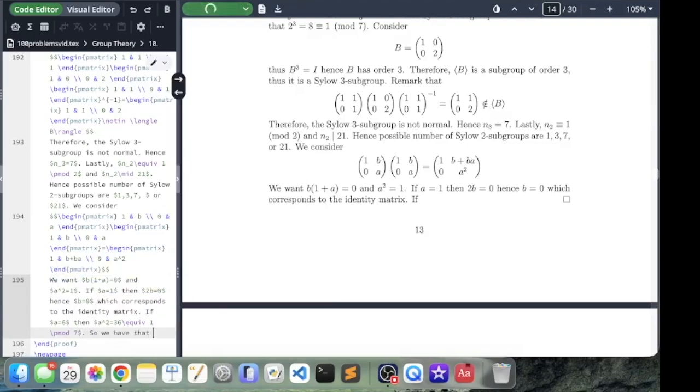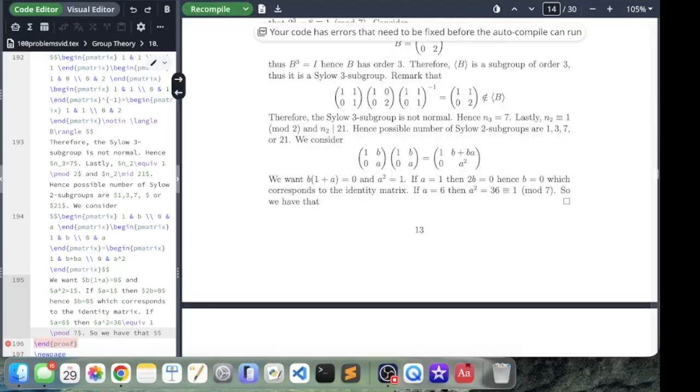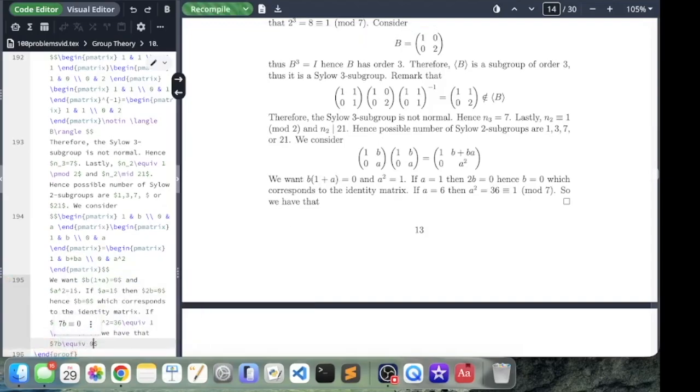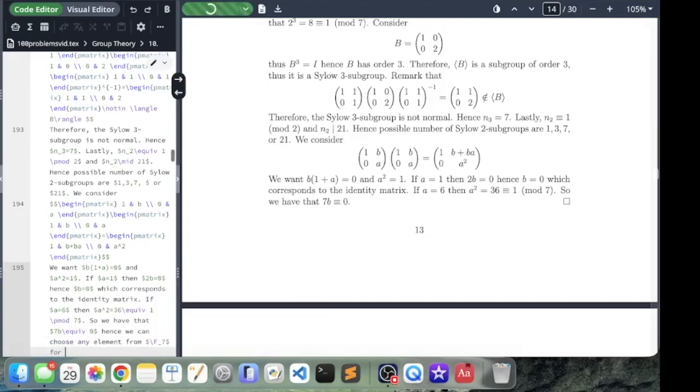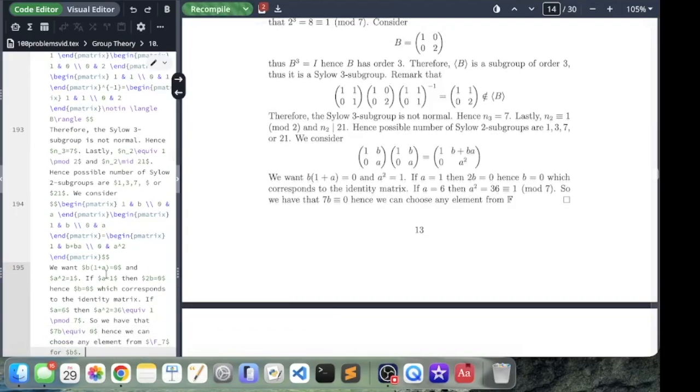So we have that 7B equals 0. Well, 7B, first of all, is just congruent to 0. So the choice of B can be any element. Hence, we can choose any element from F7 for B. And there are 7 elements from F7.